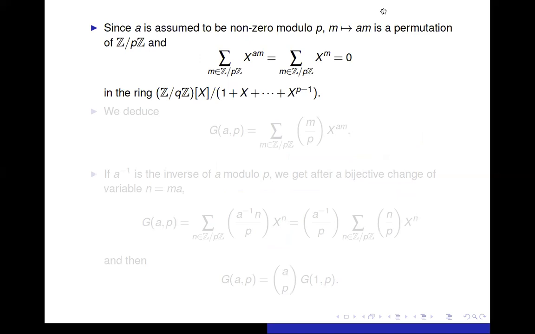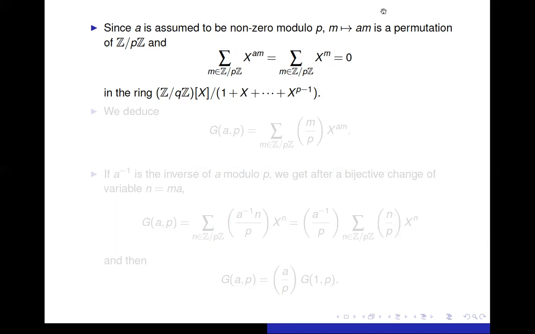But the sum of x^(am) is equal to 0 because, if a is non-zero modulo p, the values of am run over all values of m. Multiplication by a is a bijection of Z/pZ, so the sum of x^(am) is equal to the sum of x^m. And this is 0 because in the ring Z/qZ[x] quotiented by 1 + x + ... + x^(p-1), 1 + x + ... + x^(p-1) is equal to 0.